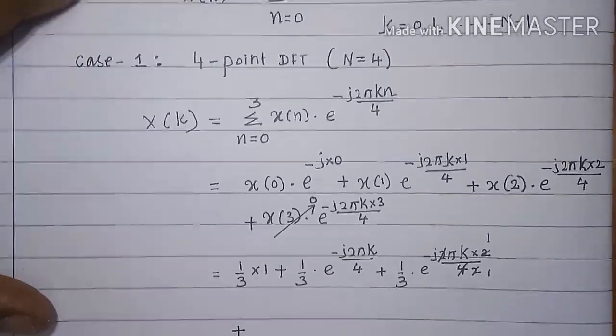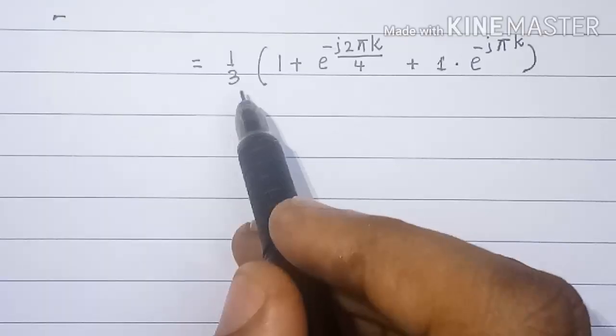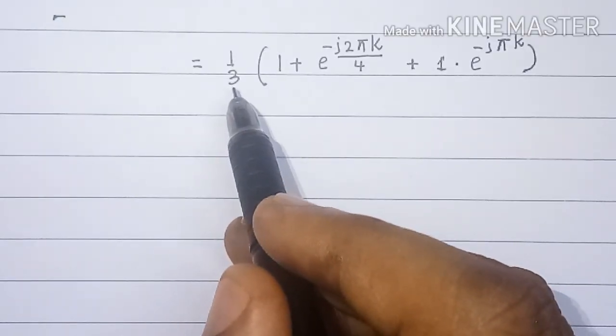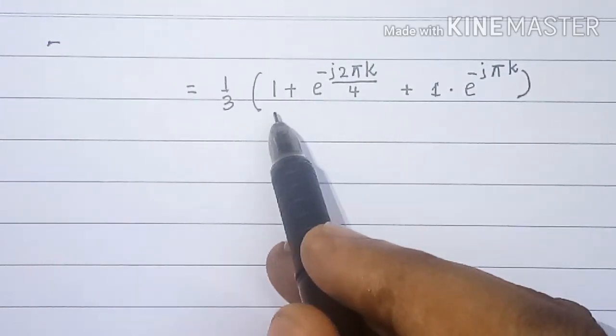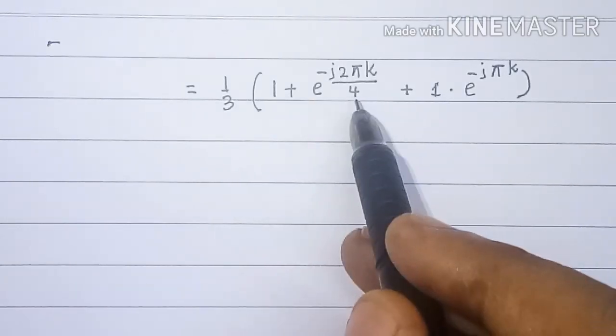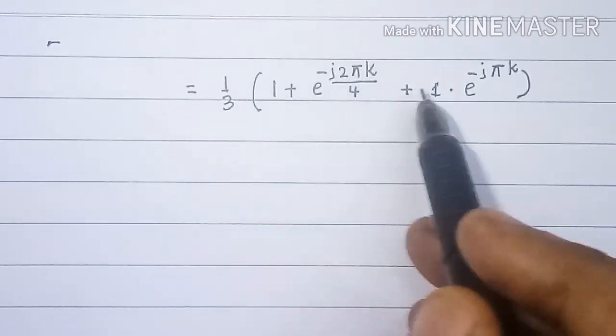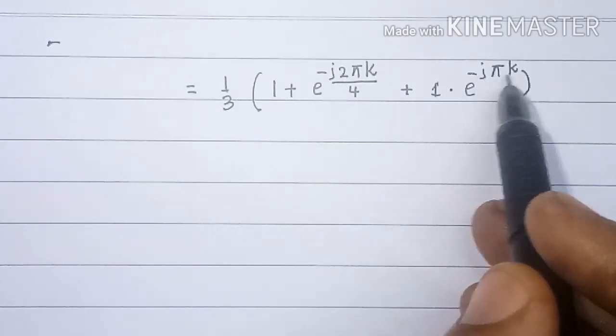Plus x of 3 is 0. On simplification we get 1 by 3 into the bracket 1 plus e raised to minus j 2 pi k by 4 plus 1 into e raised to minus j pi k.